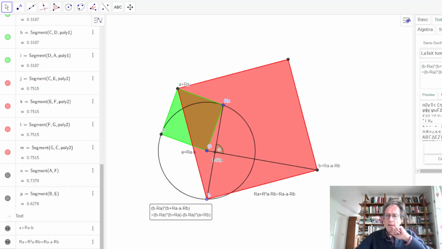Well, the first term, it's very easy to see that this is B dot product B minus RA dot product RA. And the second term, I'm going to factor out one rotation, so this is minus B minus RA, and then dot product with the rotation of B minus RA.